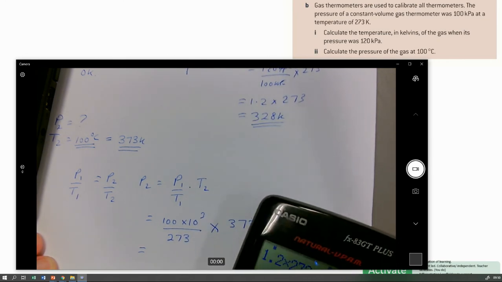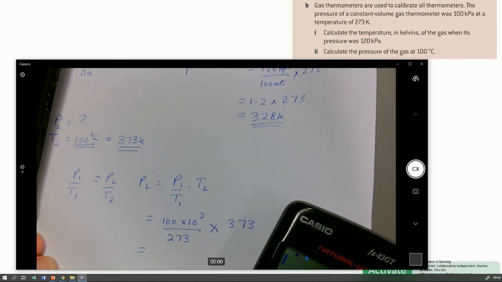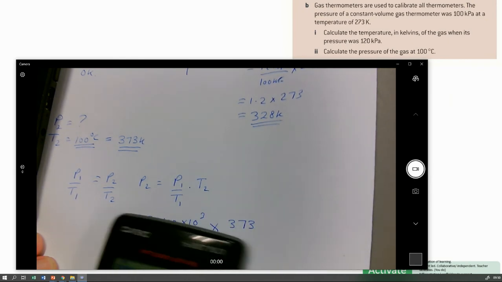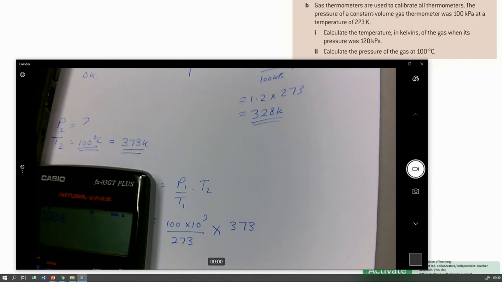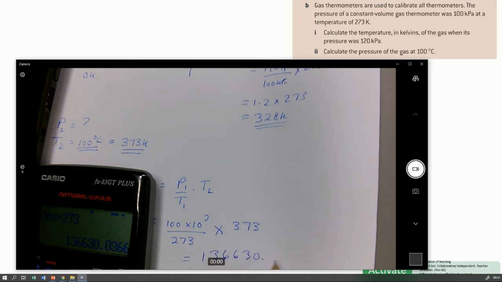Okay, let's do the sums this time. So we have 100 to the power of 3 times 373, divided by 273, which equals a big number, 136630.0366.